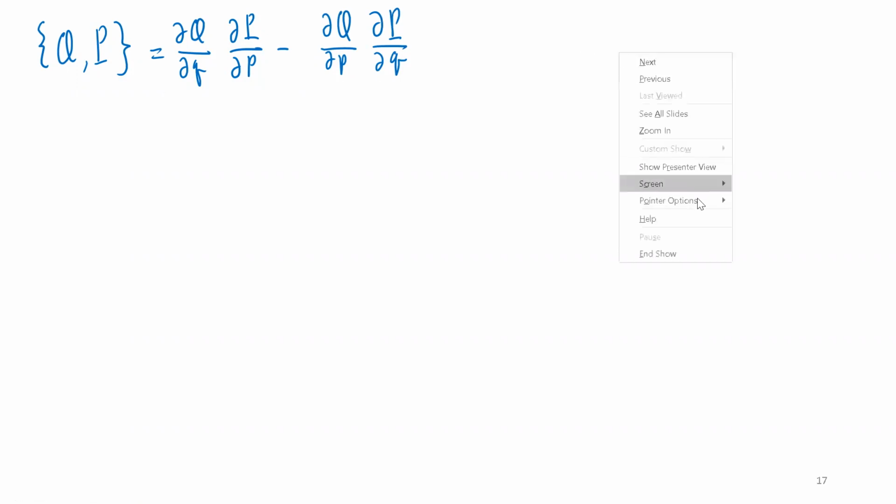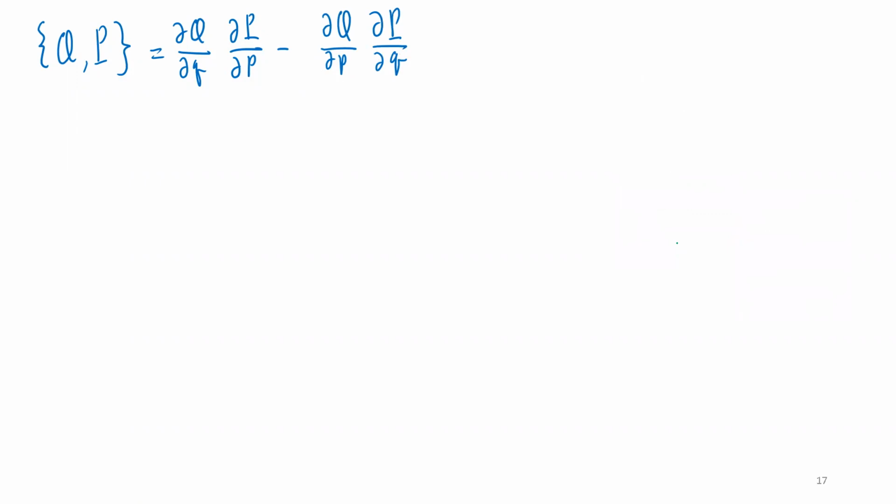Again, let me write one more time. Since I told you that this is a canonical transformation, I know that there exists a generating function.